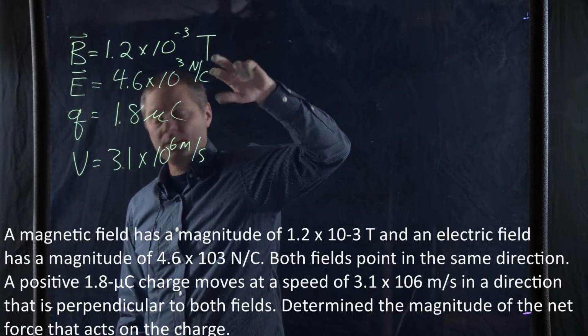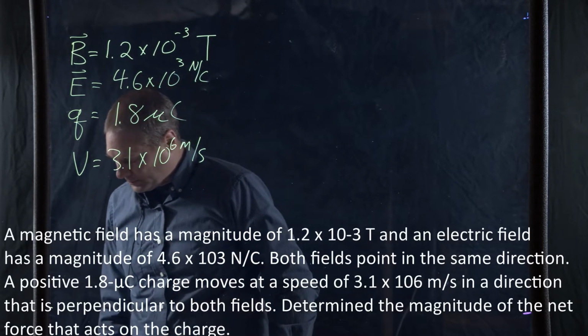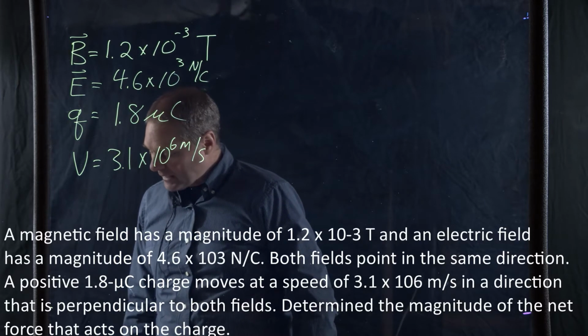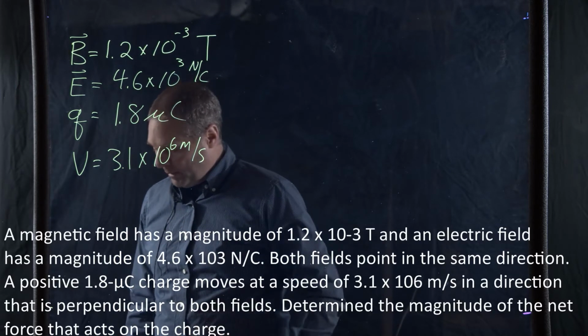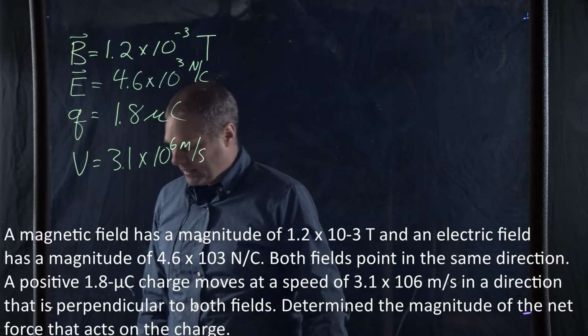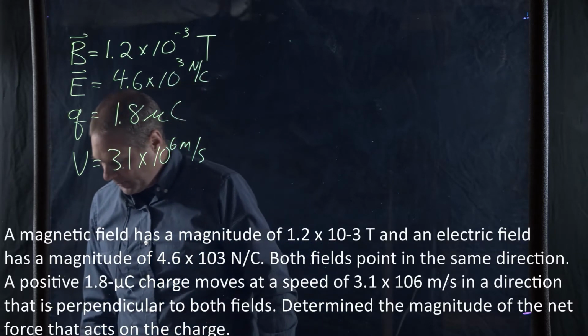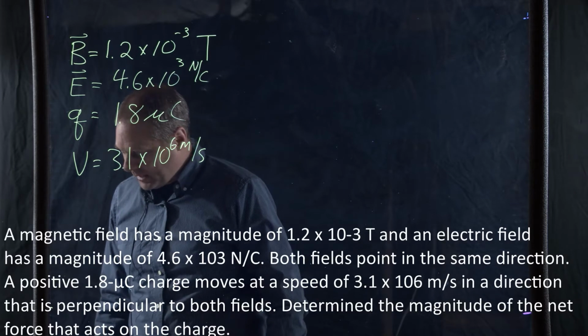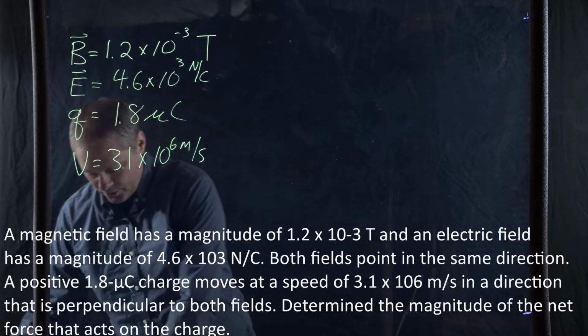Both fields point in the same direction. A positive 1.8 microcoulomb charge moves at a speed of 3.1 times 10 to the 6 meters per second in a direction perpendicular to both fields. Determine the magnitude of the net force that acts on the charge.